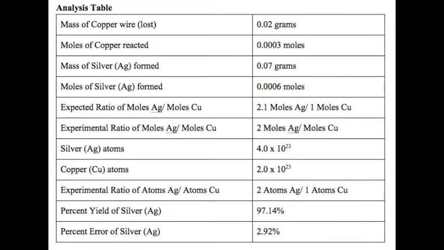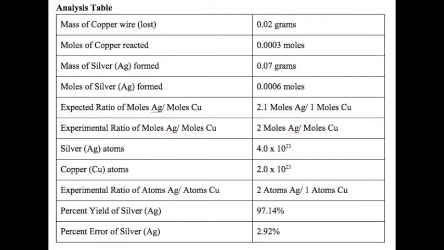Next is our analysis table, which shows that the mass of the copper wire lost is 0.02 grams. Moles of copper reacted was 0.0003 moles. The mass of the silver formed is 0.07 grams. The moles of silver formed is 0.0006 moles.